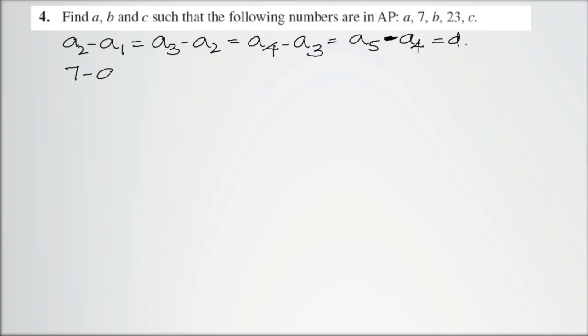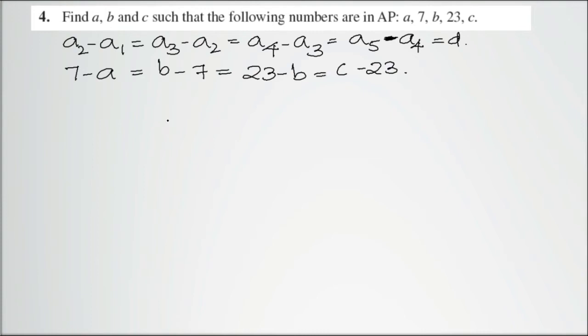A2 minus A1 is 7 minus A. This will be equal to B minus 7. This will be equal to 23 minus B. This will be equal to C minus 23. This will be the common difference.